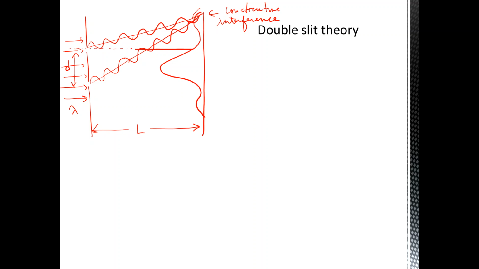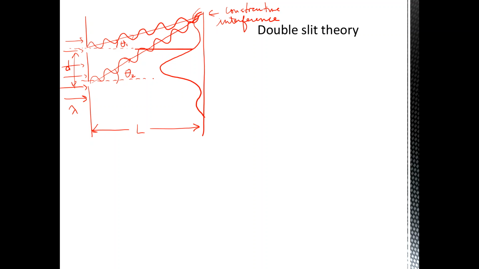If I were to draw a normal line, I would be able to measure this angle and this angle. And seemingly from my diagram, these two angles, are they the same or different? They're the same. Do they look the same?